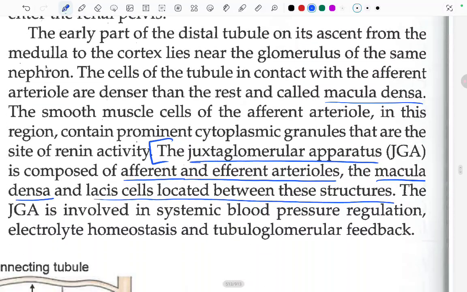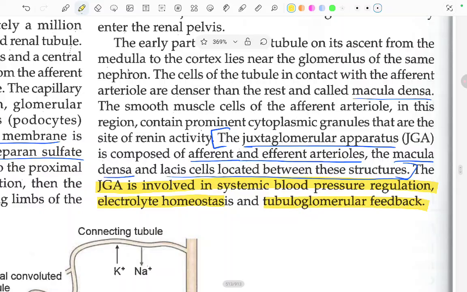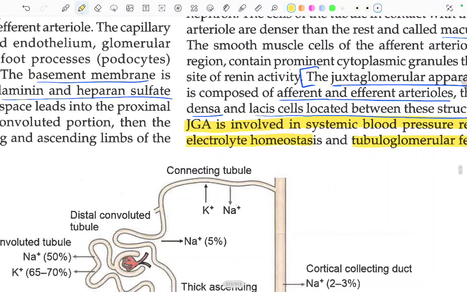The juxtaglomerular apparatus is involved in systemic blood pressure regulation, electrolyte homeostasis, and tubuloglomerular feedback. So the juxtaglomerular apparatus is an important part of maintaining blood pressure, homeostasis, and tubuloglomerular feedback.